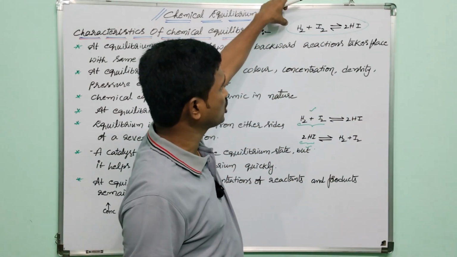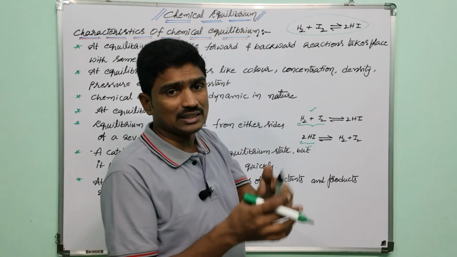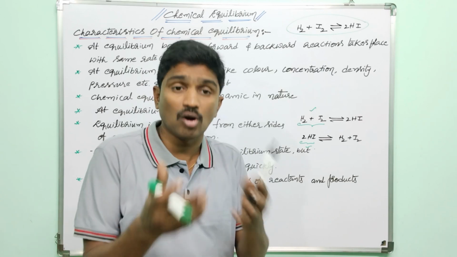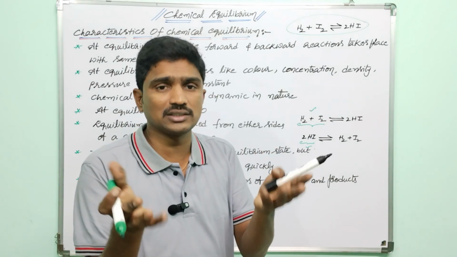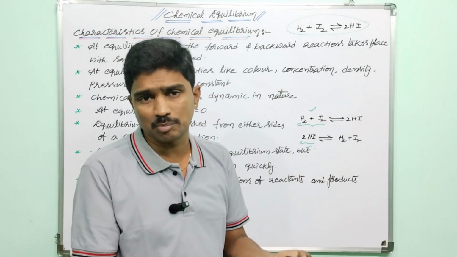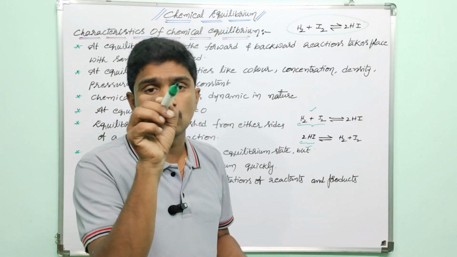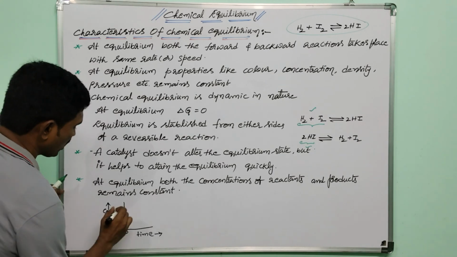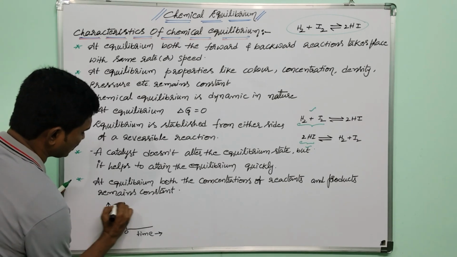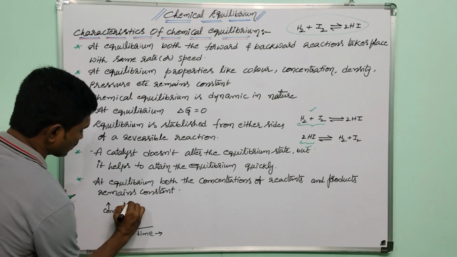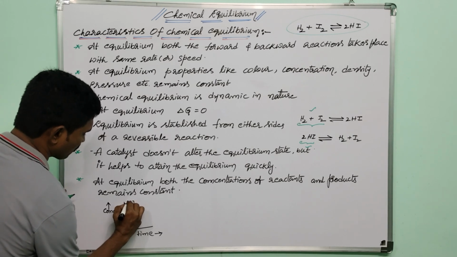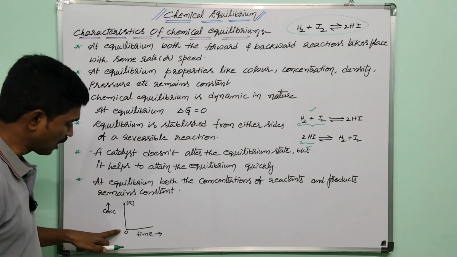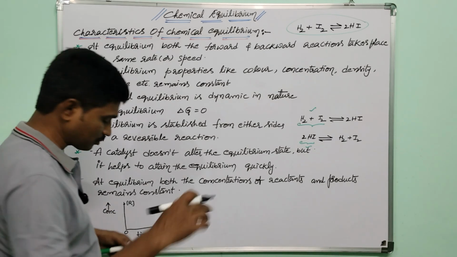Initially at time t equal to 0, the vessel contains hydrogen and iodine, nothing but reactants are predominant. Their concentration is high. Only reactants are present at time t equal to 0 seconds. So initially we have reactants whose concentration is high.